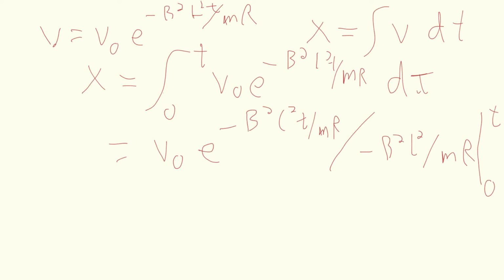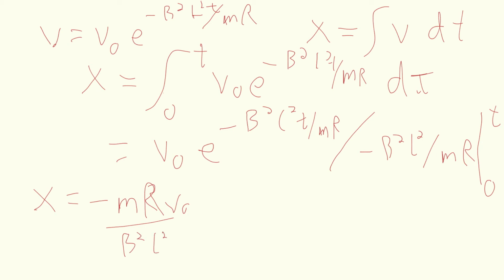So x is going to be, we'll move everything around. So it's going to be negative MR over, actually it's going to be a V naught because that's constant, and a B squared L squared.